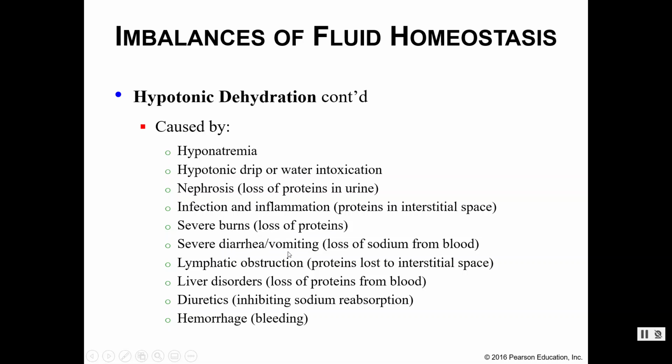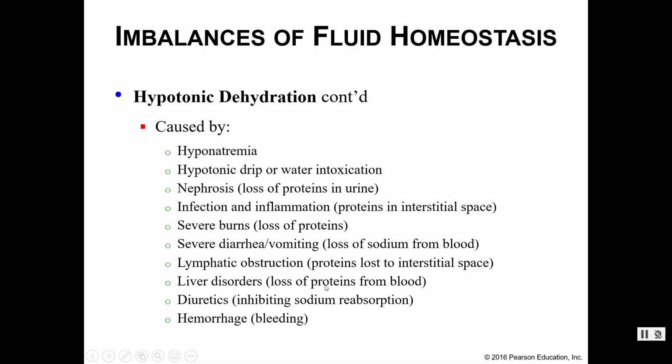Severe diarrhea and vomiting. We previously mentioned one instance of diarrhea or vomiting. That was isotonic, but if it is severe, this causes a loss of sodium from the blood and other electrolytes. A lymphatic obstruction: again, proteins are going to be lost in the interstitial space.